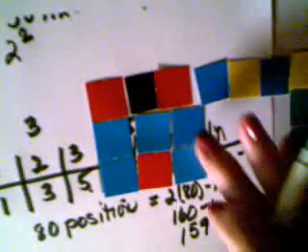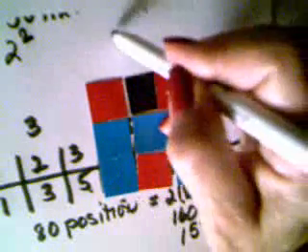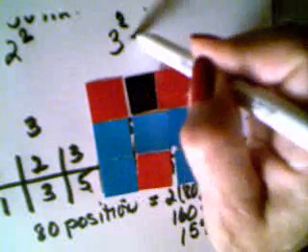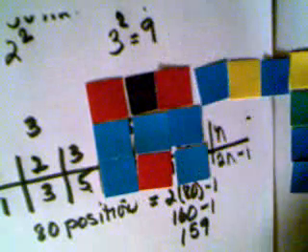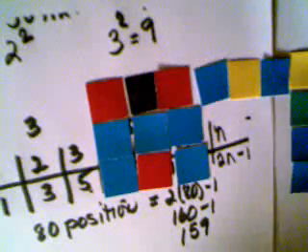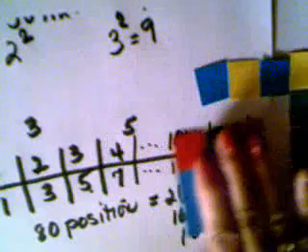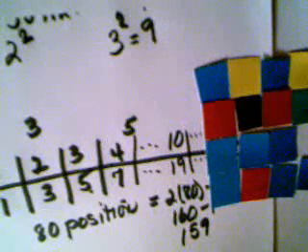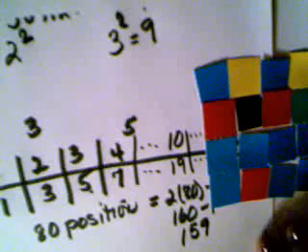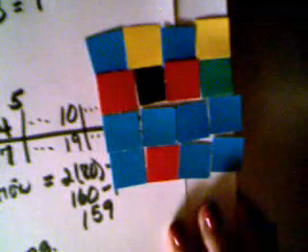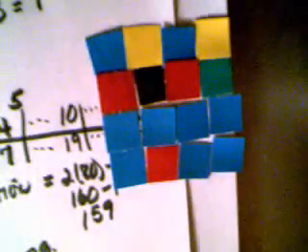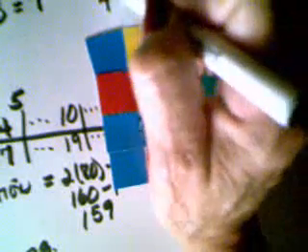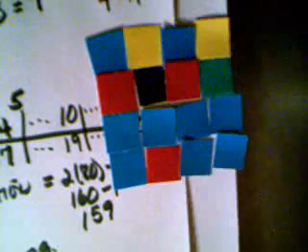And I've created another square number that is a 3 by 3 square, and that's 9. Then I bring this 3 by 3 square over, and I've created a 4 by 4 square, which is 16.